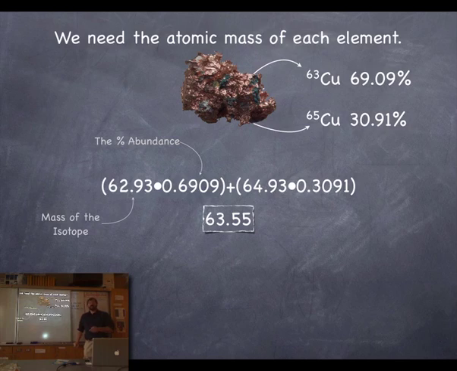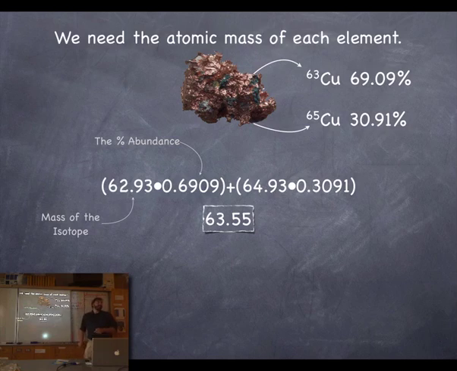In fact, it's a mixture of these two isotopes. Roughly two-thirds of it will be copper-63, and one-third of it would be copper-65. Each atom is one or the other. These are the two stable isotopes. The other ones have radioactively decayed into other substances or didn't form in the first place.